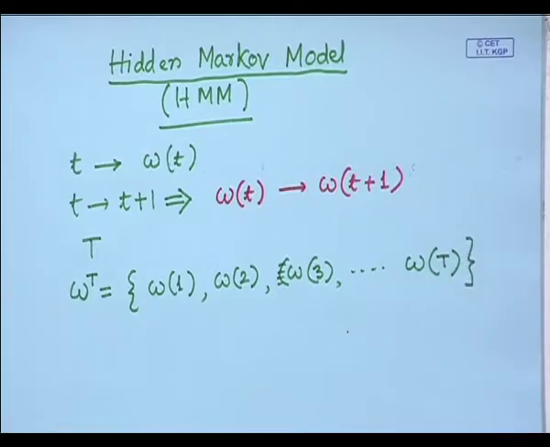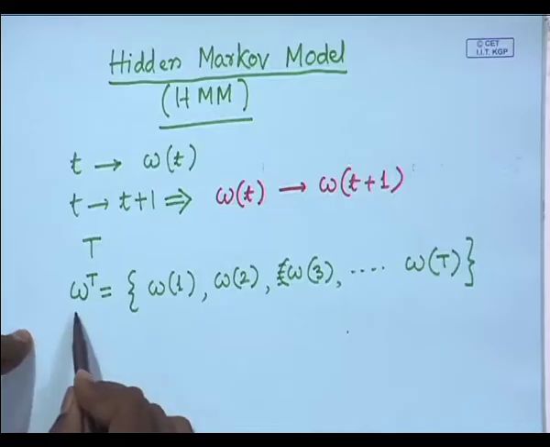So, it simply says that at t equal to 1, the machine was in state omega 1. This omega 1 may be any of the permissible states of the machine. Okay. Similarly, at time step 2, the machine makes a transition from omega 1 to omega 2. This omega 2 again may be any of the permissible states of the hidden Markov model.